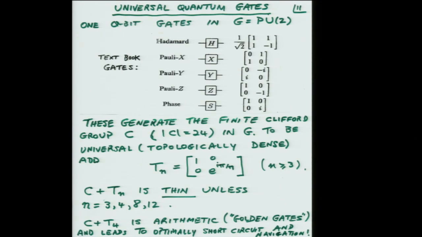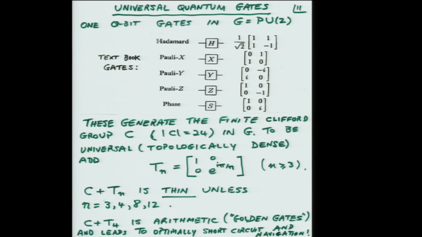And they want to make gates which will be in every quantum computer. To be a universal quantum gate set, you need to be topologically dense in this group. And this is a finite group, so it's not topologically dense. Add another gate, and you will be topologically dense.